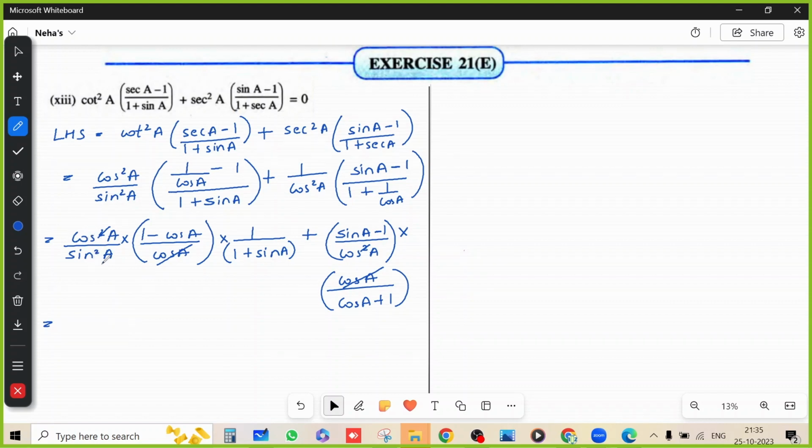Now we will write sin square A here in the form of cos A as 1 minus cos square A, as sin square theta plus cos square theta is equal to 1. Therefore, sin square theta is equal to 1 minus cos square theta.